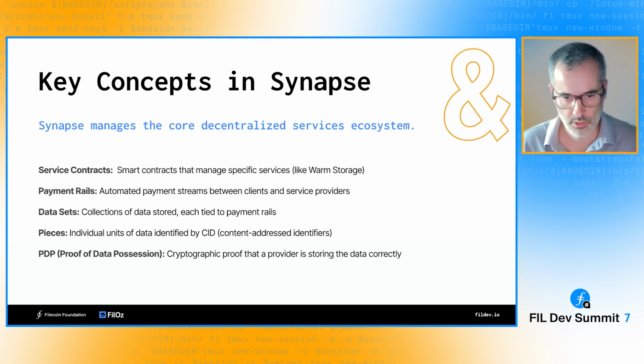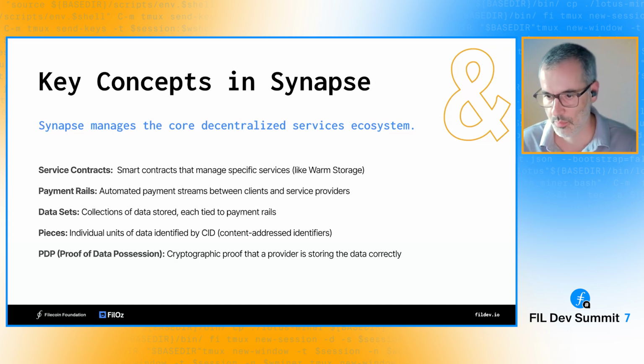We have data sets, which are collections of data stored, each tied to one specific payment rail. And we have pieces or files, individual units of data identified by content identifiers, so CIDs. And we also have the PDP, the proof of data possession, cryptographic proof that a provider is storing your data correctly.